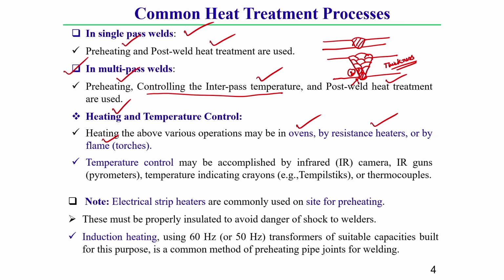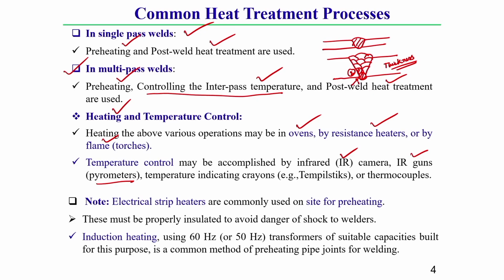We use generally either an infrared camera or an infrared gun. This is also called a pyrometer. It is a non-contact device. So, by using this gun you can detect the temperature at your required location to estimate the preheating temperature, post weld heat treatment temperature as well as to control the interpass temperature.